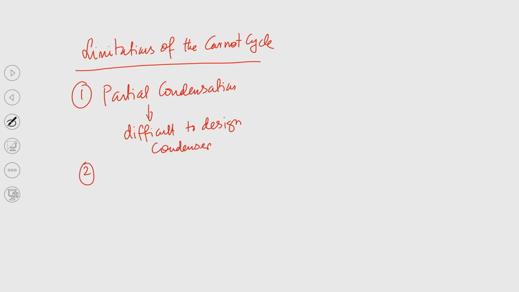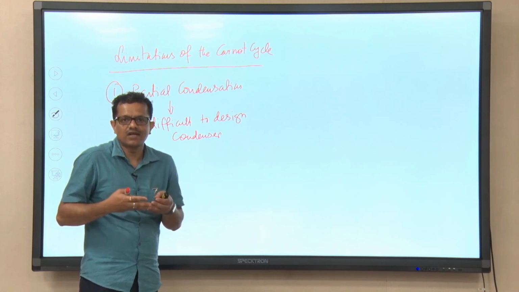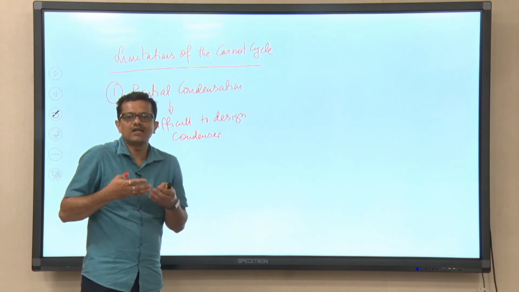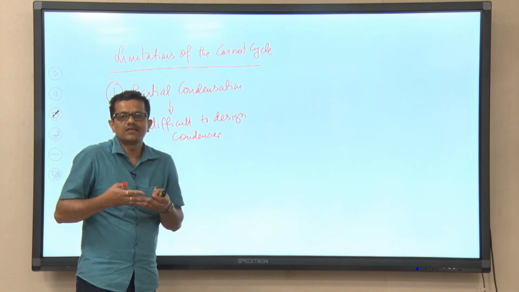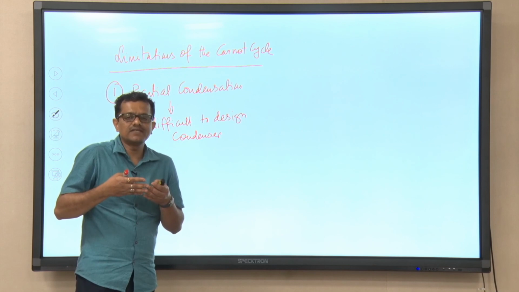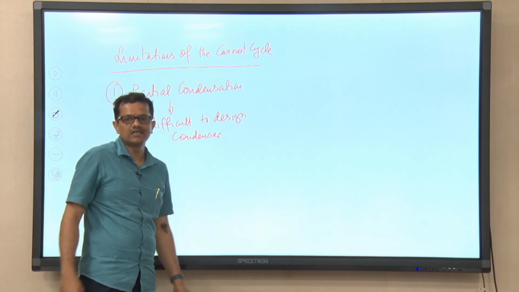Again I am telling you, this is not really achievable in practice. In practice we have to design a condenser, and if we cannot design a condenser which will work efficiently to give this partial condensation, that is really difficult.